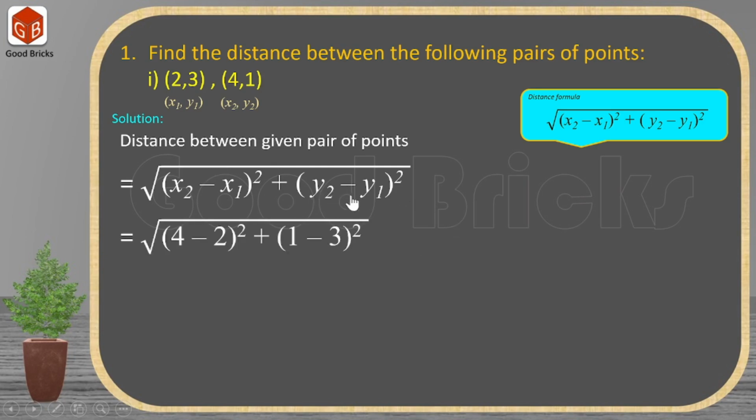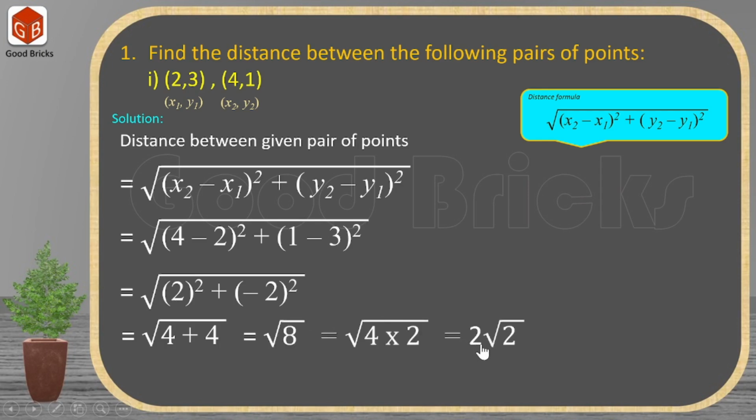Similarly, in place of y2 minus y1, we will write 1 minus 3. Now, 4 minus 2 is nothing but 2 and 1 minus 3 is nothing but minus 2. 2 square is nothing but 4. Again, minus 2 whole square is also 4 only. So, after simplification, we will get 2 root 2. So, what is this 2 root 2? This is the distance between these two given points.